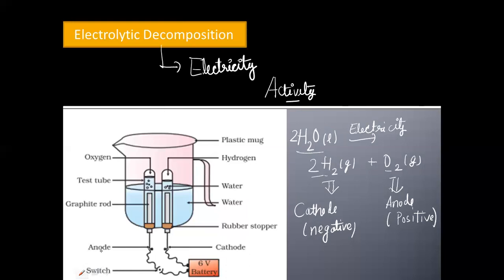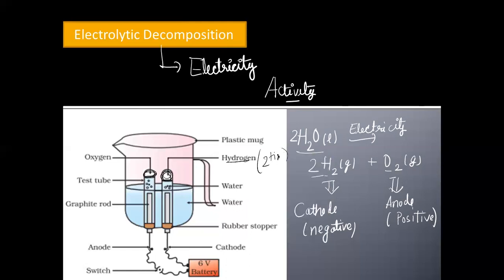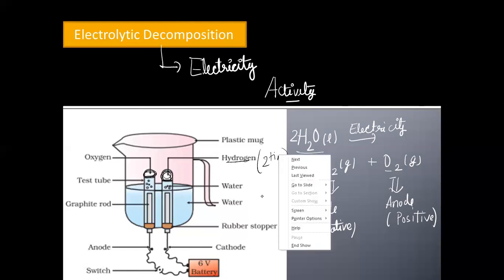This can easily be understood with the help of the diagram given over here. Hydrogen is occupying more volume, while oxygen is occupying less volume. Almost hydrogen has double volume. This is 2 times of that of oxygen.